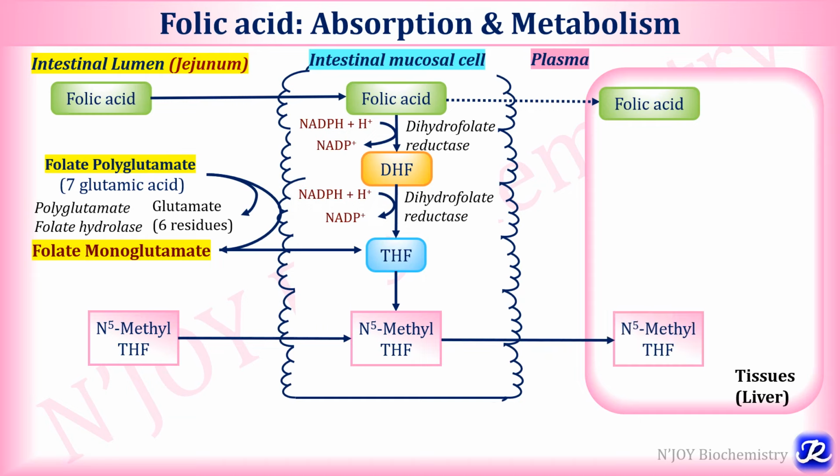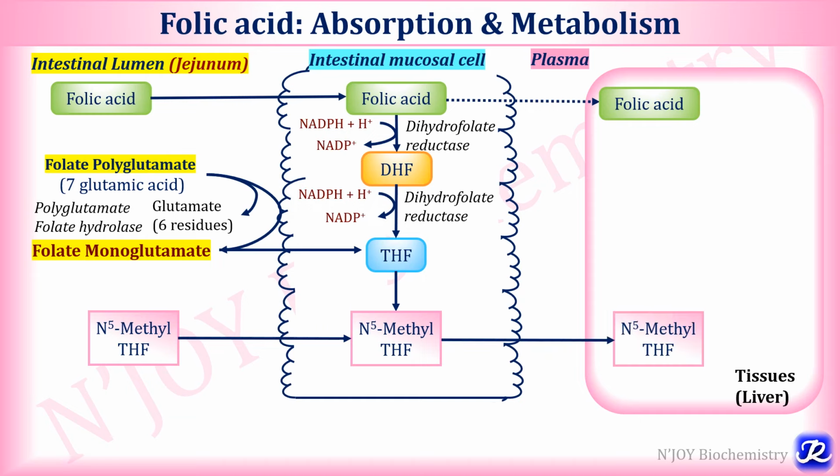Now this methyl cobalamin gives its methyl group to the homocysteine to form methionine, and then cobalamin is regenerated. So the formation of methionine from homocysteine requires vitamin B12 as well as N5-methyl tetrahydrofolate.